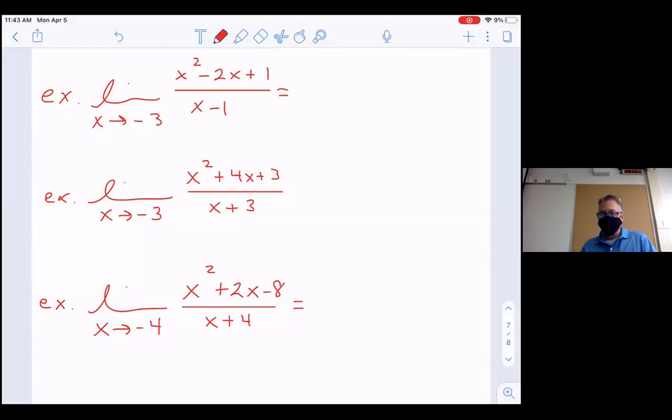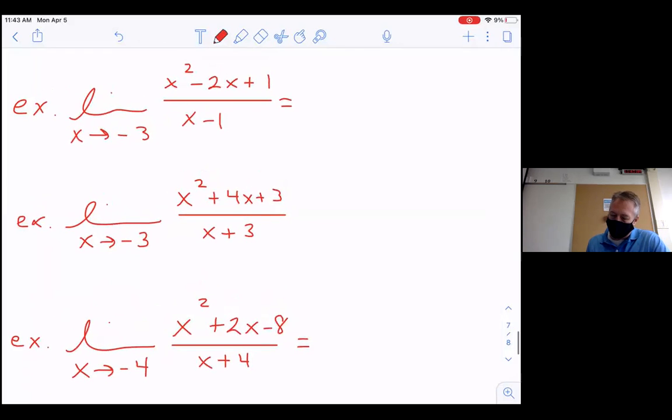All right, let's take a peek at the first one. So we're going to a number here, right? We're not going to infinity. So when we're going to a number, then the first step is, let's see if we can just do a direct substitution. In this case, we can. So we're just plugging negative 3 in for x. So on top, negative 3 squared will be 9.